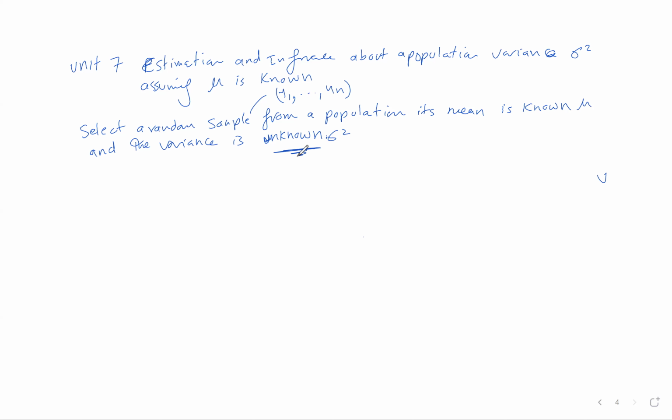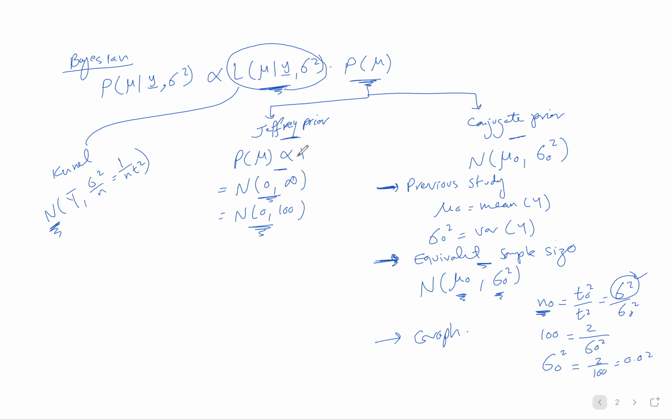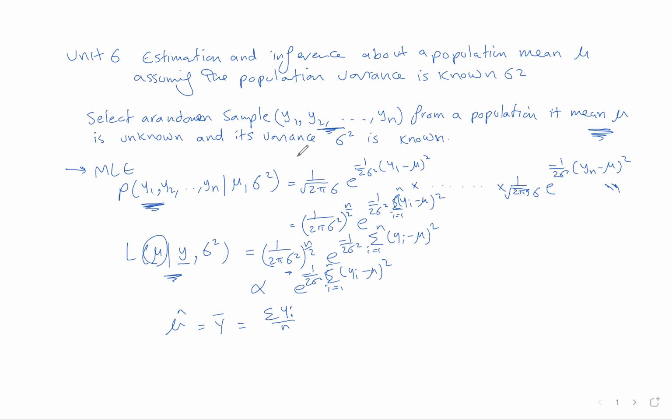The frequentist approach uses the likelihood. How do I get the likelihood? You get the likelihood from the data distribution, as we have done before. So let's write it down again.